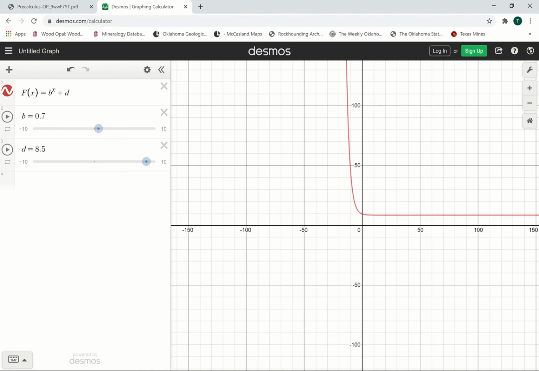Fraction. So 0.7. B is 0.7. Notice that it's also going to move up or down. Doesn't matter. This is just going to shift that whole thing up or down.